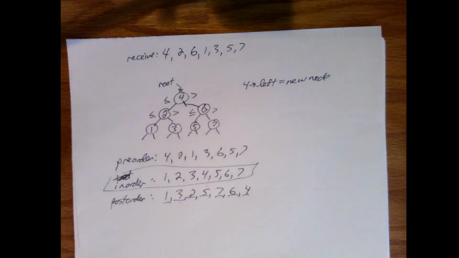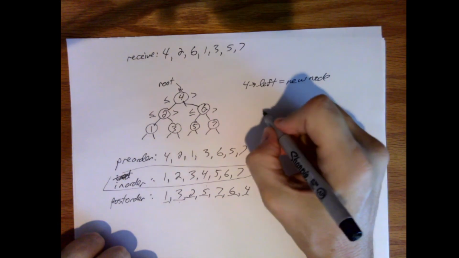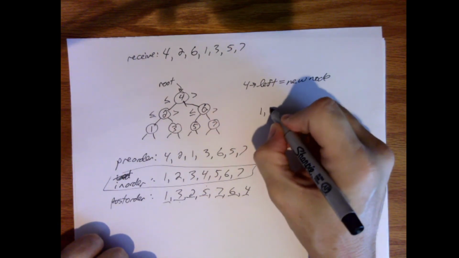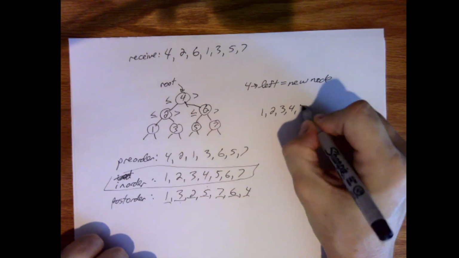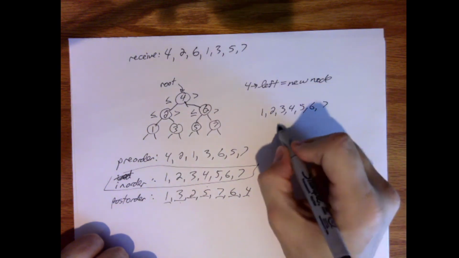Right? So that was the way to insert nodes. But if I'd given this to my algorithm, it would have produced this.